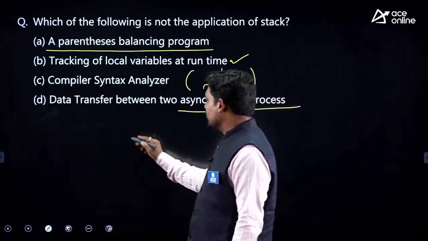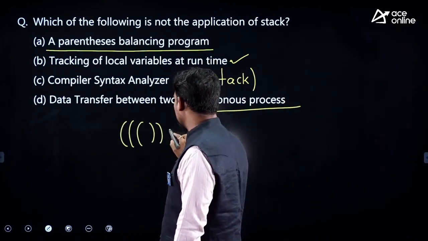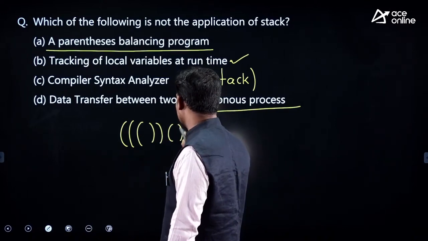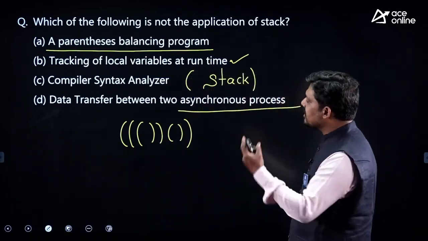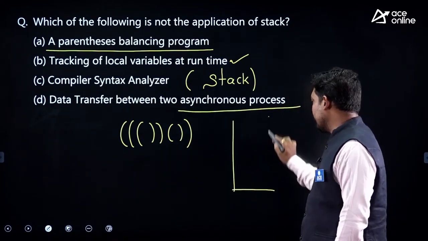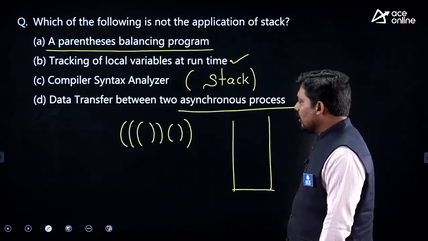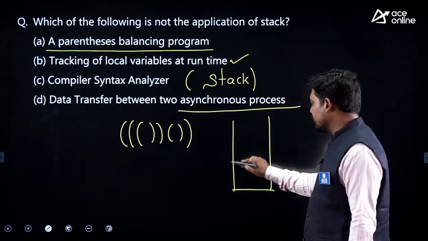Suppose this is the parenthesization I have written, and it is balanced or not. That is also one of the applications of the stack. What you have to do is, whenever there is an opening parenthesis, you push it.